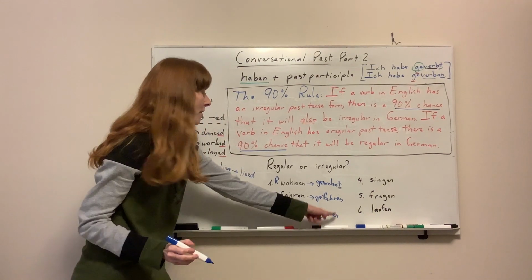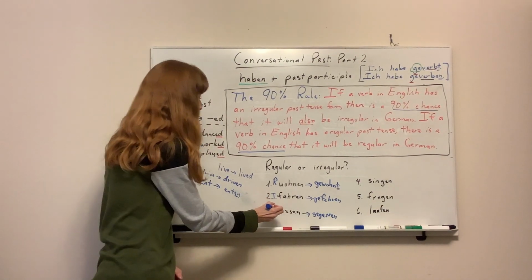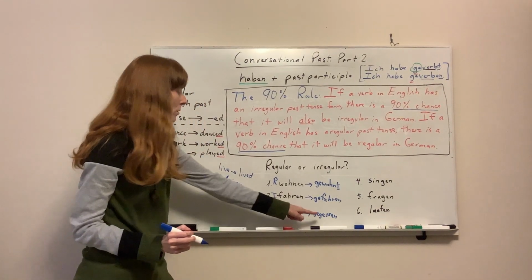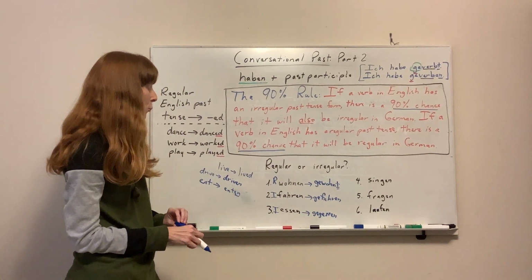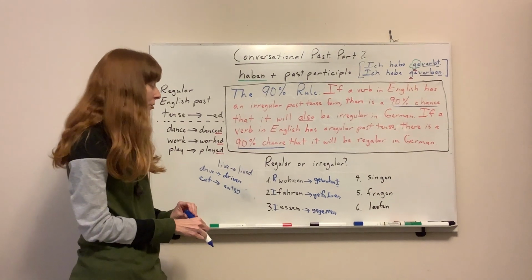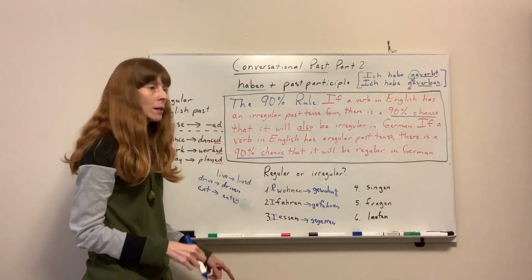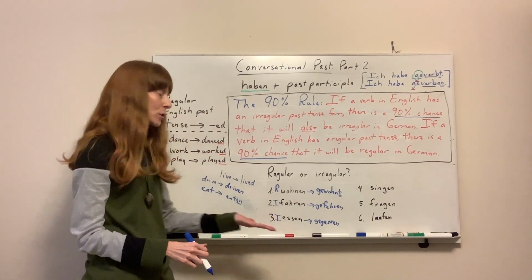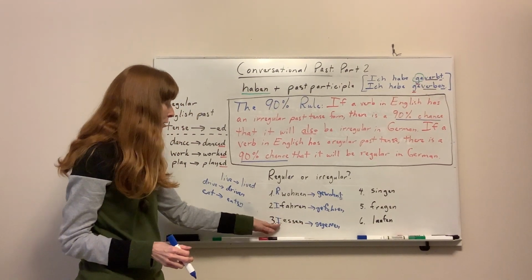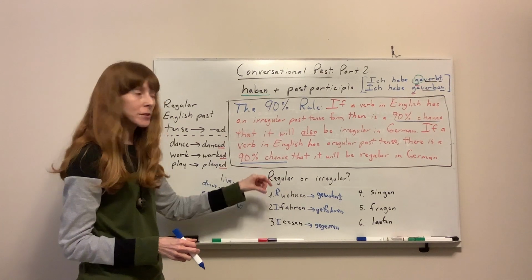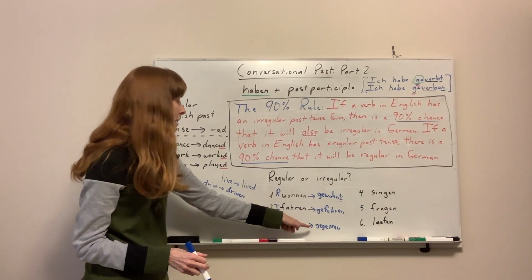We do not have that regular T at the end. It is irregular. And you may be wondering, why did this random G pop up? Probably what happened over the years is Germans didn't want to say geessen. They wanted a vowel in between there. That's just my guess. In any case, it is irregular, and using the 90% rule, we can see that it is irregular.